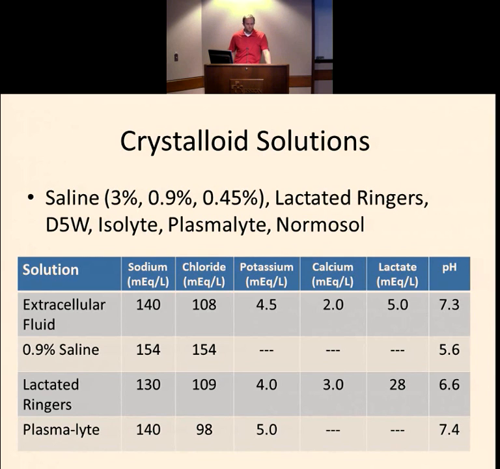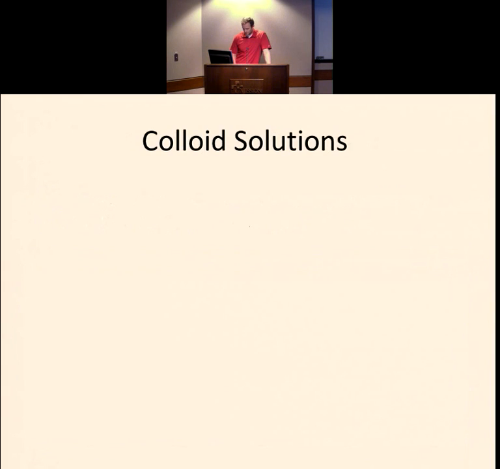Because you would have to give them more. If you gave them a solution that had 6 milliequivalents per liter, then that would increase the concentration gradient and that would up it. But in general, you're going to give normal saline to patients who are in renal failure, who are on dialysis, just to avoid any chance of increasing their potassium and giving them cardiac problems from a hyperkalemia.